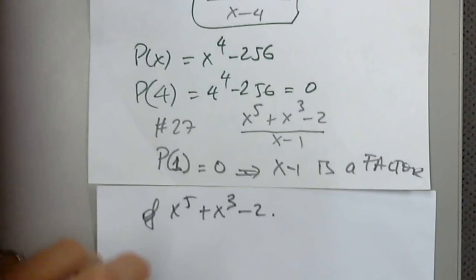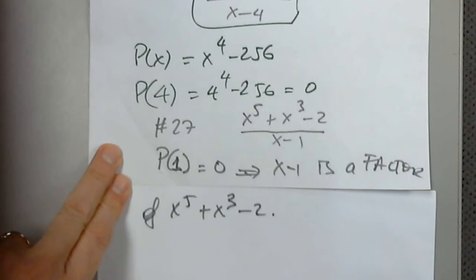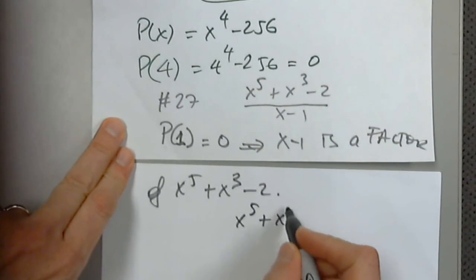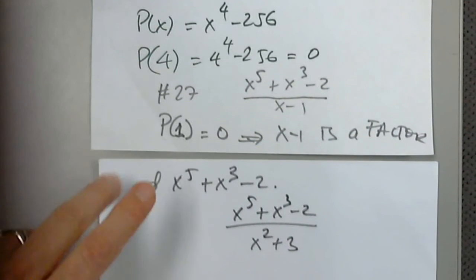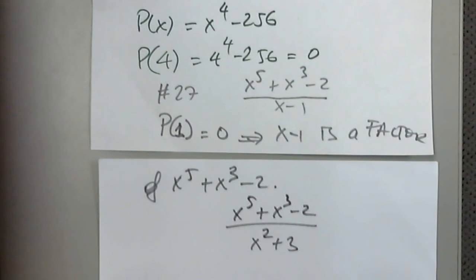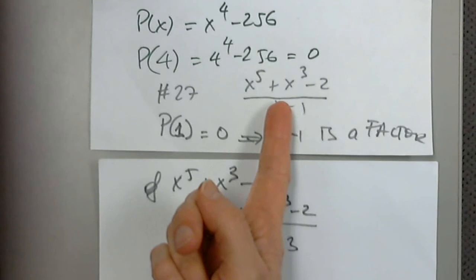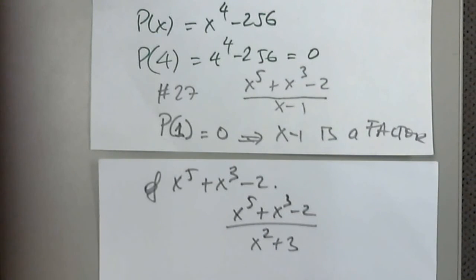However, if I have something like x to the fifth plus x cubed minus 2 over x squared plus 3, I cannot say that I can apply synthetic division here. I have no way of determining the remainder unless I use long division. And I cannot determine, like we did here in a blink, whether this is a factor.